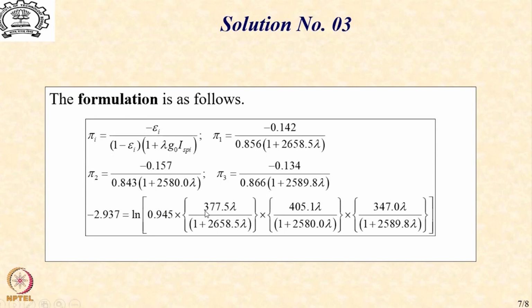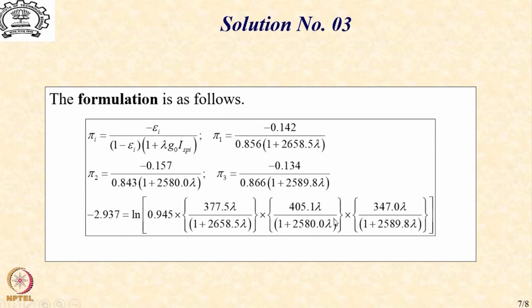And then of course we have epsilon 1 g naught Isp 1, epsilon 2 g naught Isp 2 and epsilon 3 g naught Isp 3 as the numerator, and 1 plus g naught Isp 1 lambda for the first stage, 1 plus g naught Isp 2 lambda and 1 plus g naught Isp 3 lambda.